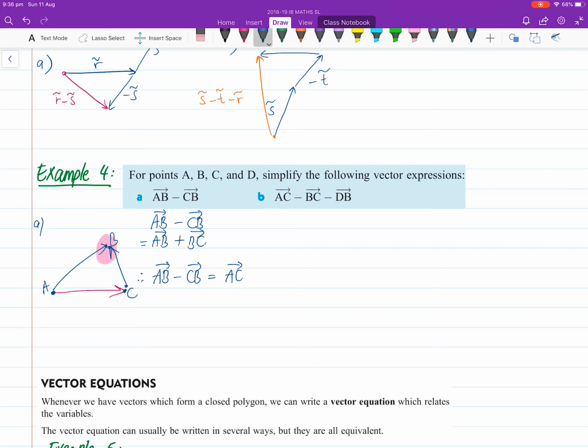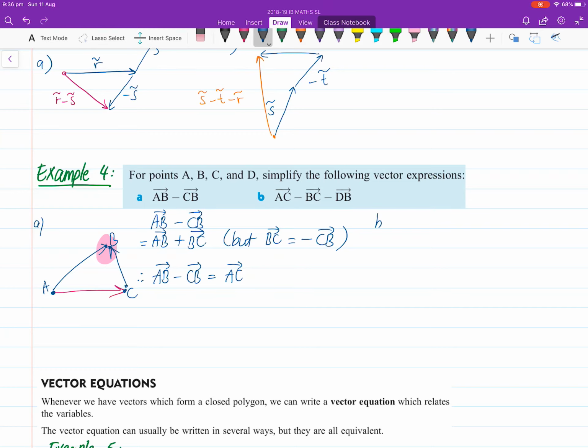But vector BC is the same as negative of CB. So therefore we get our solution, which equals vector AC.